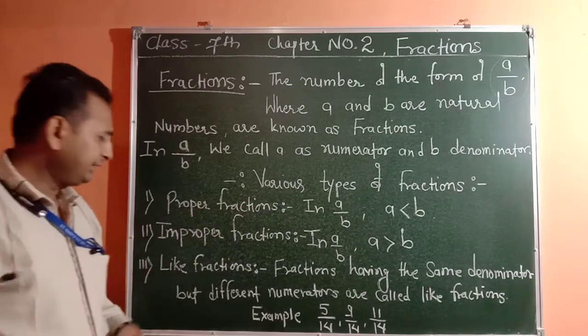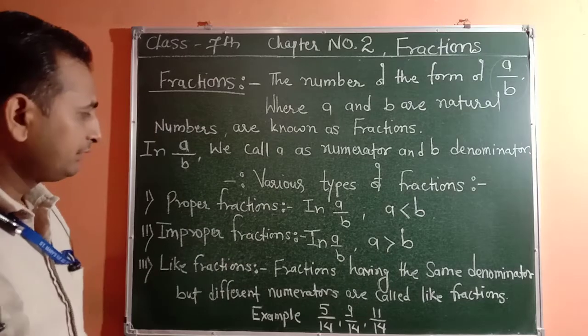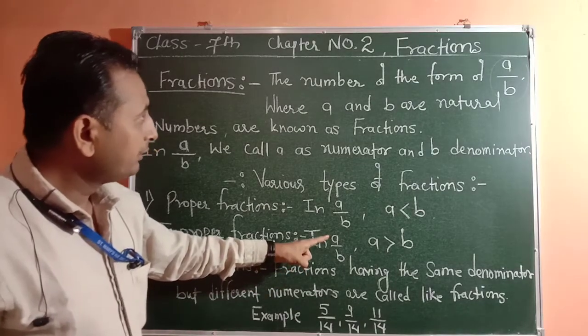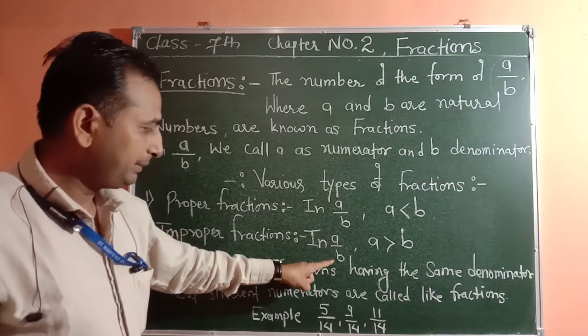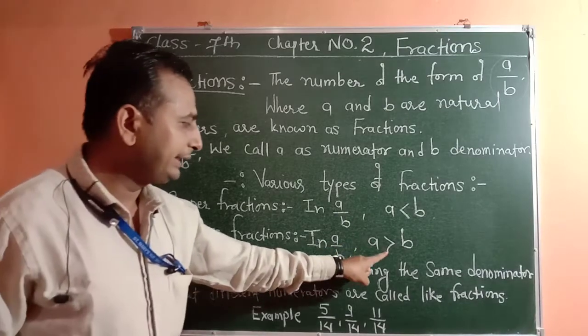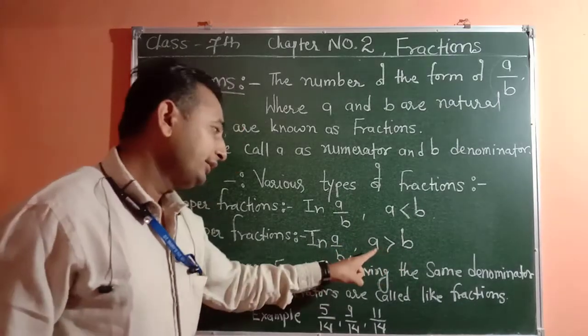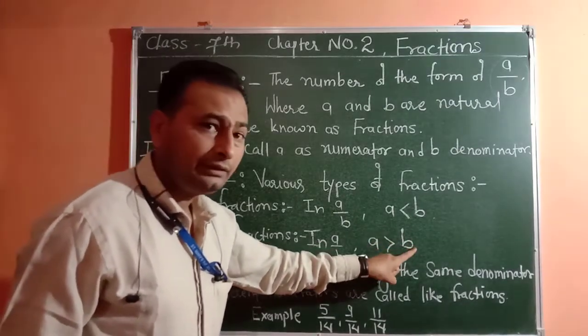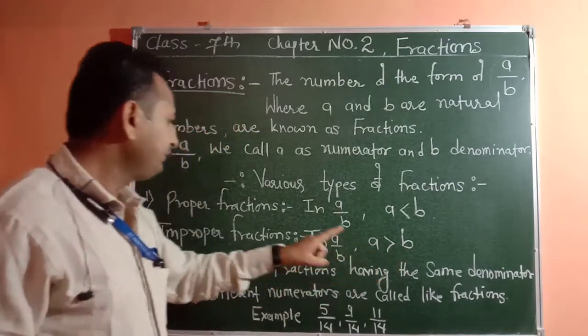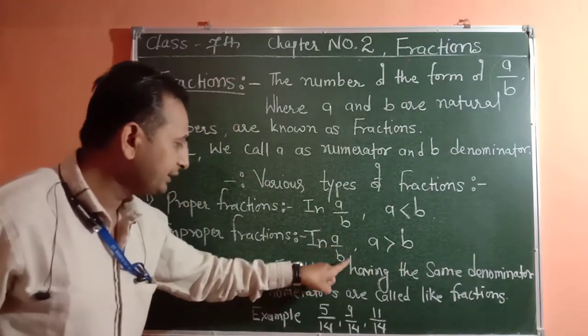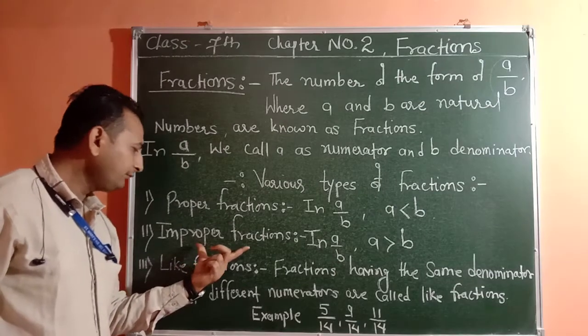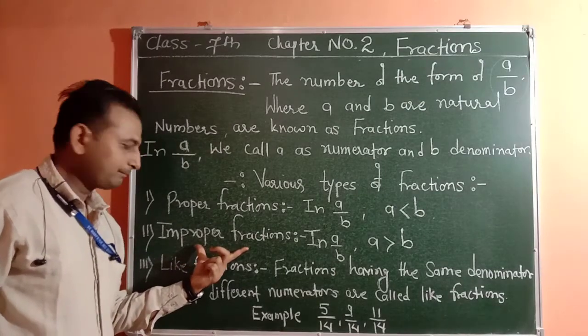The second type is the improper fraction. When any fraction is a upon b, here a is greater than b, which means the numerator is greater than the denominator, then we call this type of fraction an improper fraction.